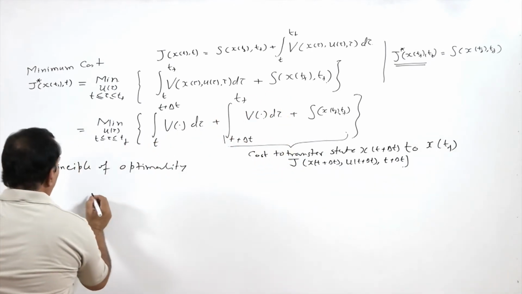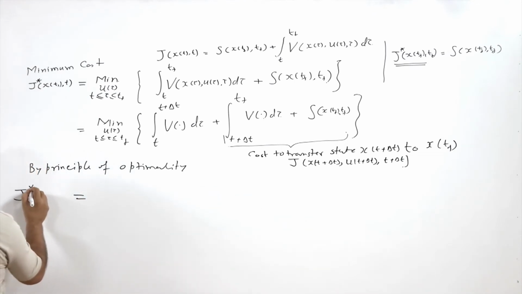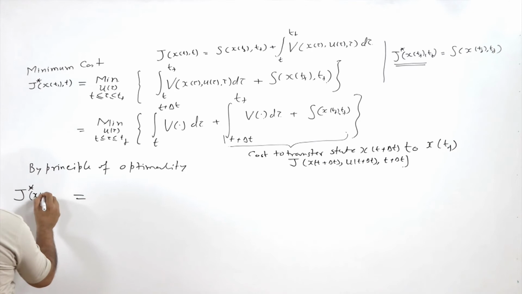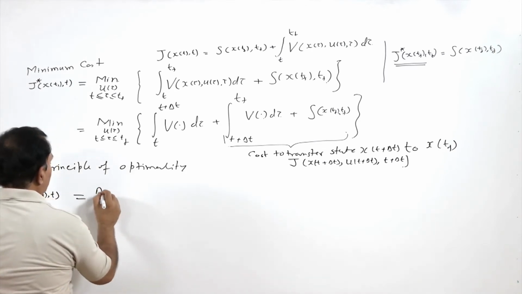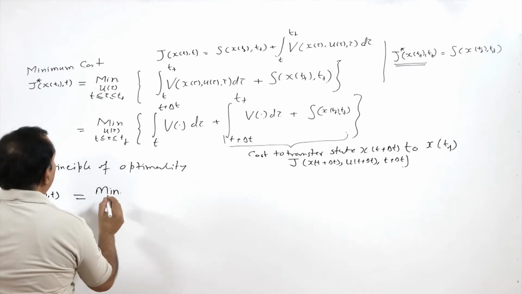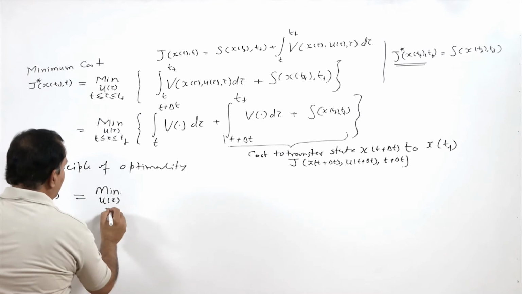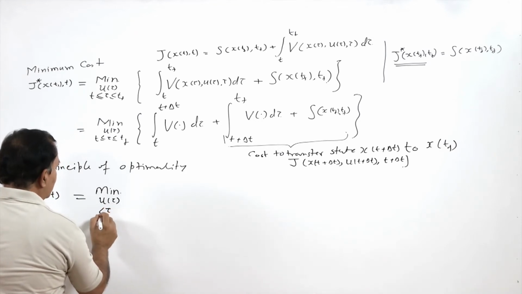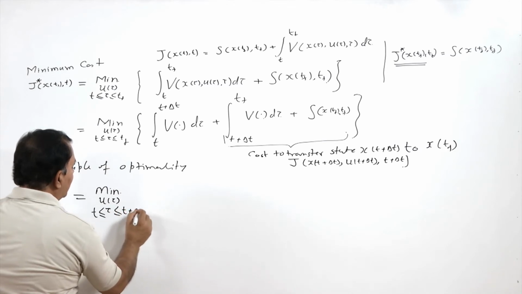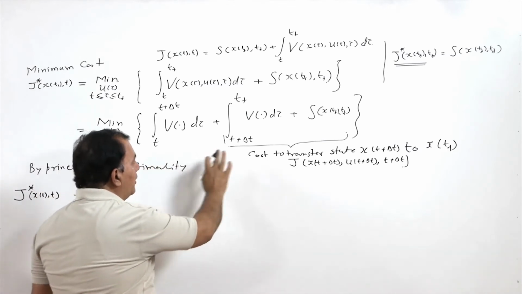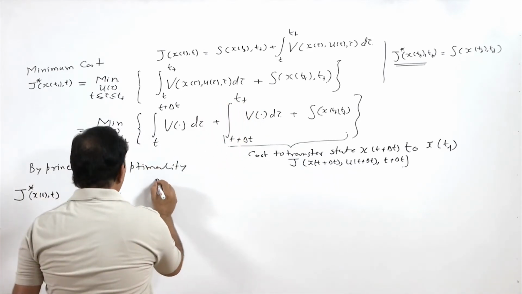So, I can simply write J star of x t, t as the minimum over u tau, where I am minimizing tau now only for t to t plus delta t, and beyond t plus delta t to t f I already have my minimum cost.